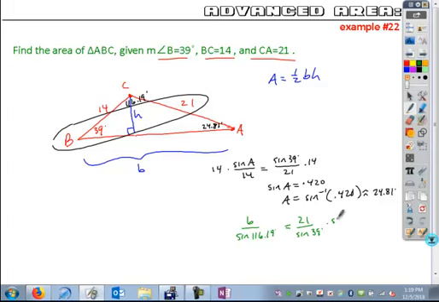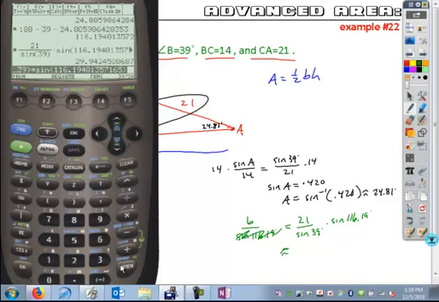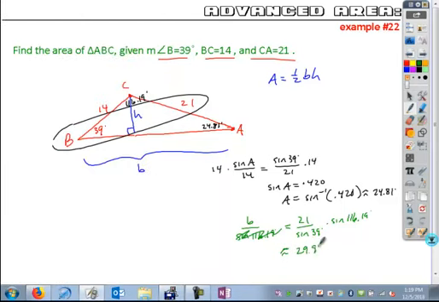If I multiply both sides by the sine of that 116.19, I get B alone. This gives me my approximate length: 21 divided by sine of 39, all times the sine of the angle that I just calculated. And so I get 29.94 approximately for my side B. And that is my base.